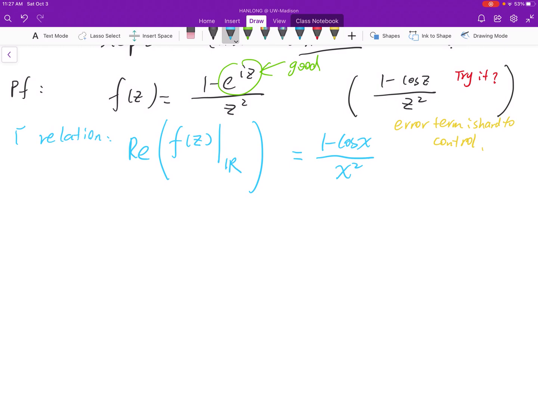So what does that mean? That means even if you calculate the holomorphic function f, after you derive the result, you take the real part, you get it back to the original integral. This is not always true, but in our case it works.